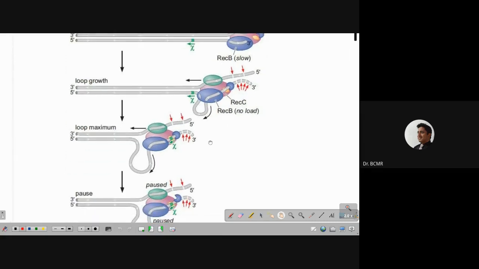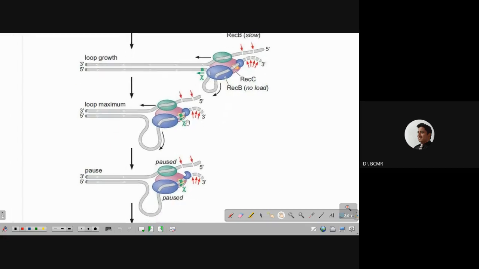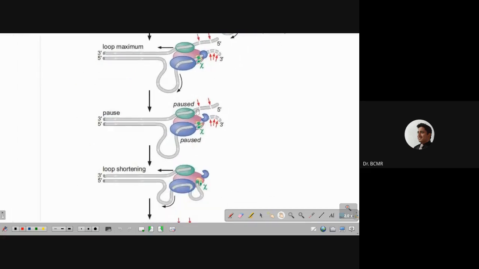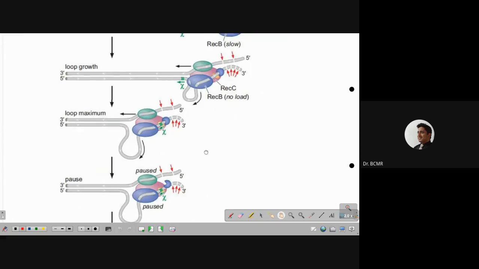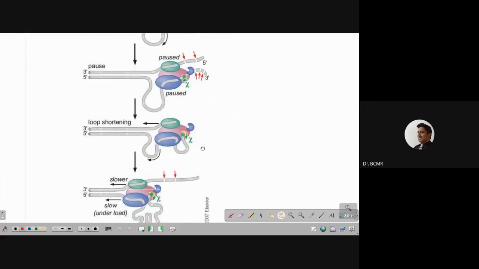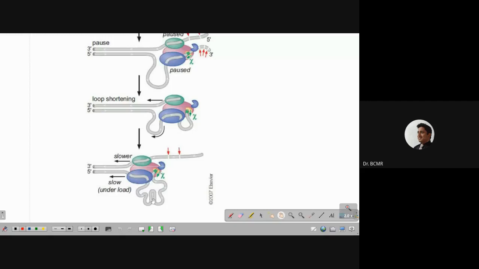So the top strand is slowly degrading, and when the chi site on the lower strand reaches RecC, the rest of the DNA continues to be degraded on the top strand, whereas the lower strand is not degraded. Once a chi site is encountered by RecC, the degradation of that strand stops.